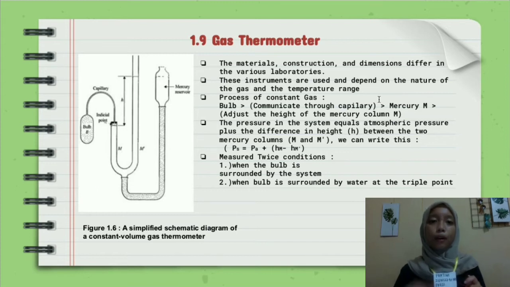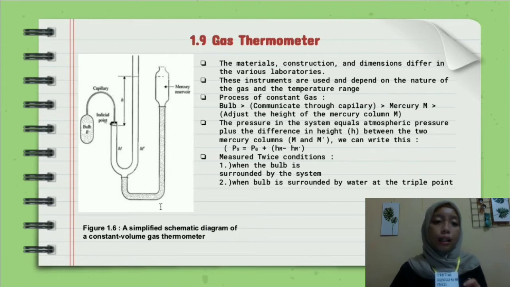So one thermometer and another may not be the same, because various laboratories depend on the temperature range. In figure 1.6, this is an example of a simplified schematic diagram of a constant volume gas thermometer. Why is it called a simplified schematic diagram?